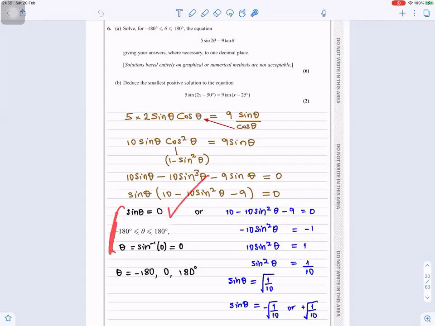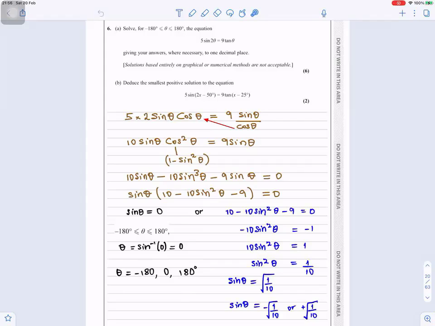Sine theta is 0. We want between minus 180 and plus 180. Inverse sine of 0 is 0. So inverse sine of 0 is at minus 180, 0, and 180 degrees. You can plot the graph of y equals sine x, and you can see it yourself. So 0 there, 0 there, 0 there: minus 180, 0, 180.